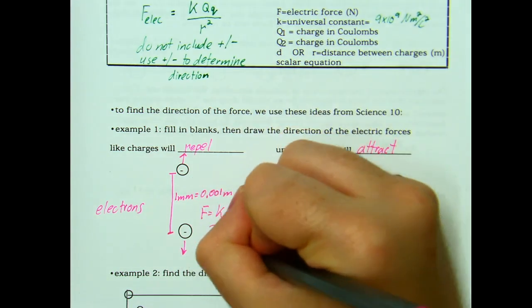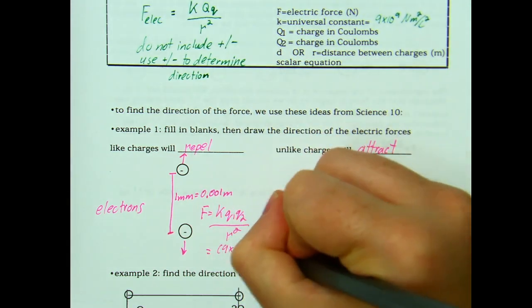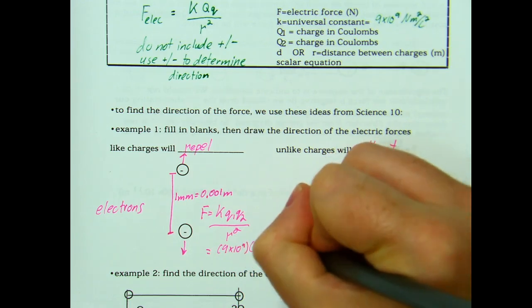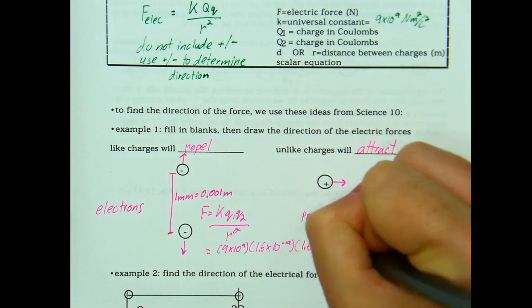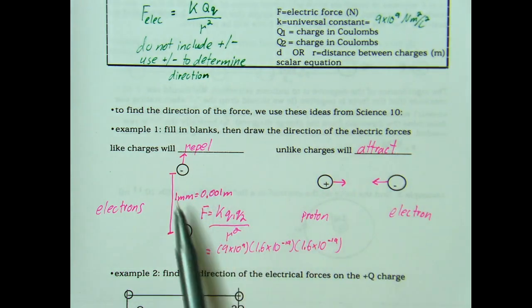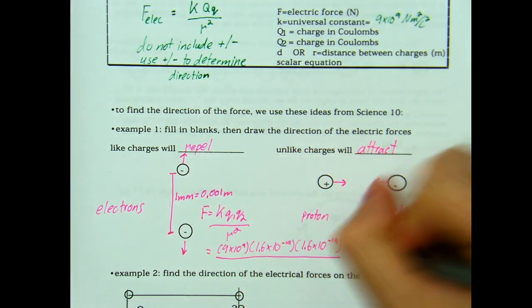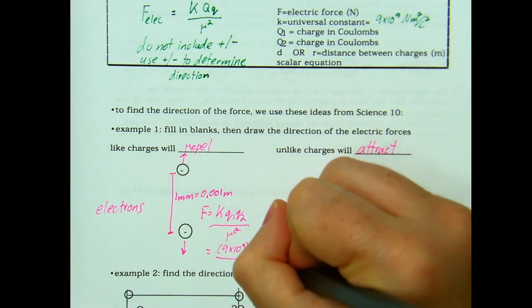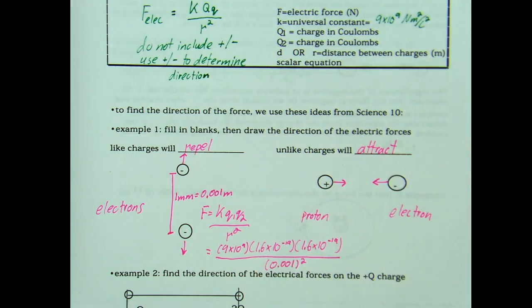And so this is going to equal 9 times 10 to the 9 times, now these are electrons, so this is going to be 1.6 times 10 to the negative 19 on both of them, because that's the elementary charge on a single electron, divided by the distance between them, 0.001 meters squared.